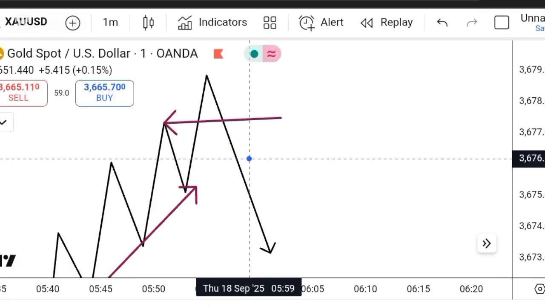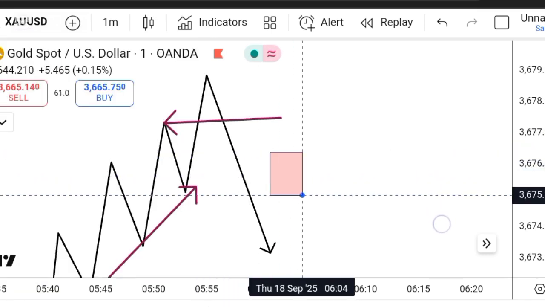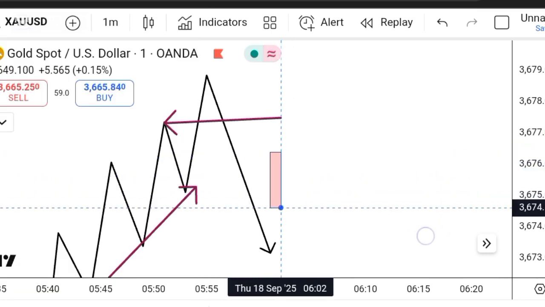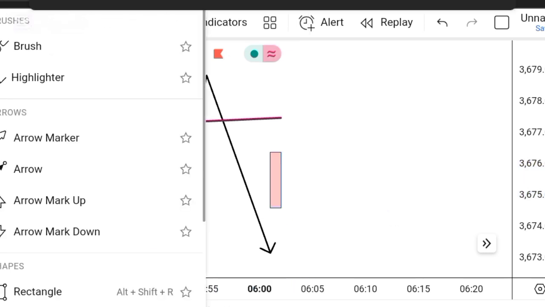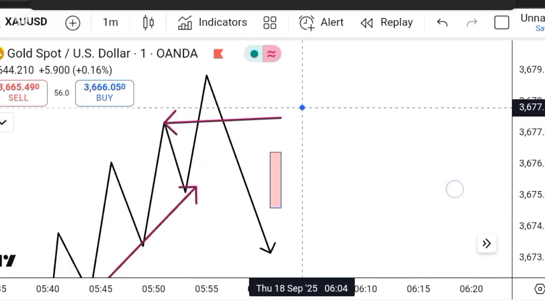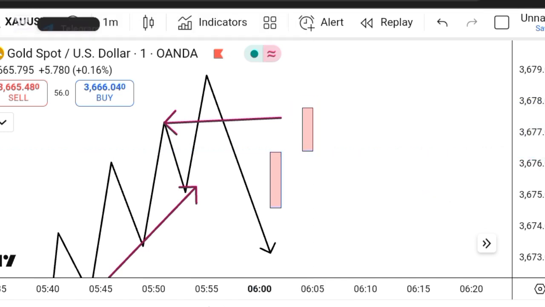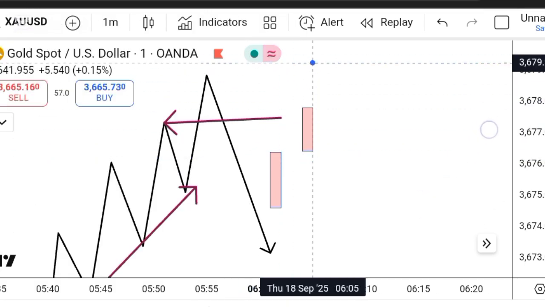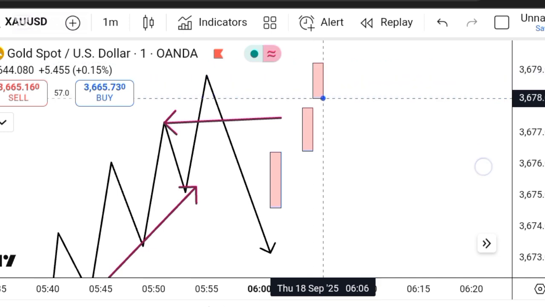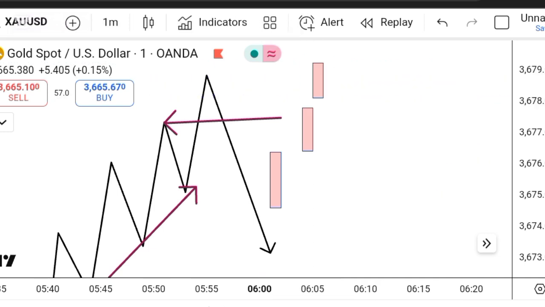I've talked about something like this before, but this one is on your M15. You have a candle, you have a candle, you have a candle. That is to say, you have 3 candles of the same color.